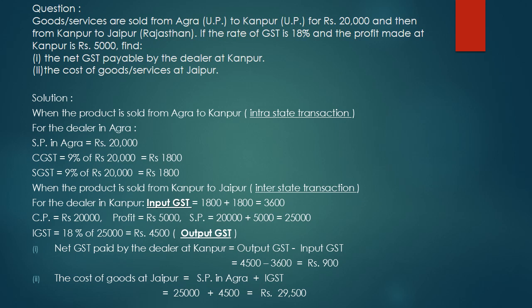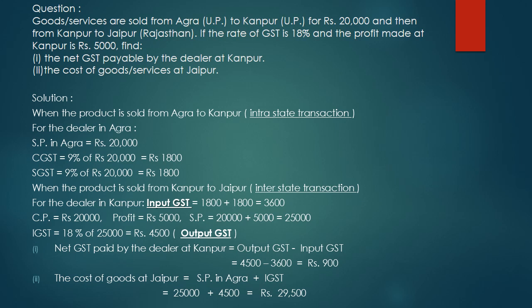If the rate of GST is 18% and profit made at Kanpur is rupees 5,000, find, first part, the net GST payable by the dealer at Kanpur. Second part, the cost of goods or services at Jaipur.